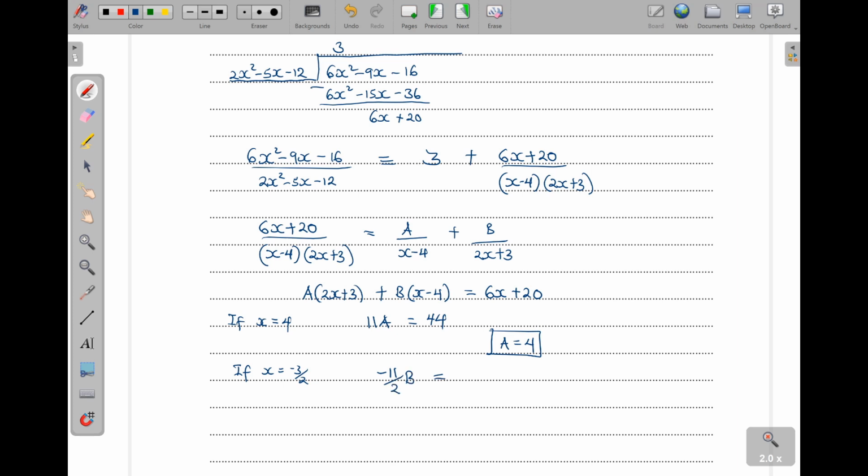Then this one will be equivalent to negative 1.5 times 6, which gives us 9. So this will be negative 9, then plus 20, that one will give us 11, okay? So meaning we can cross multiply here. Of course, 11 will disappear, and our b will become negative 2, okay?